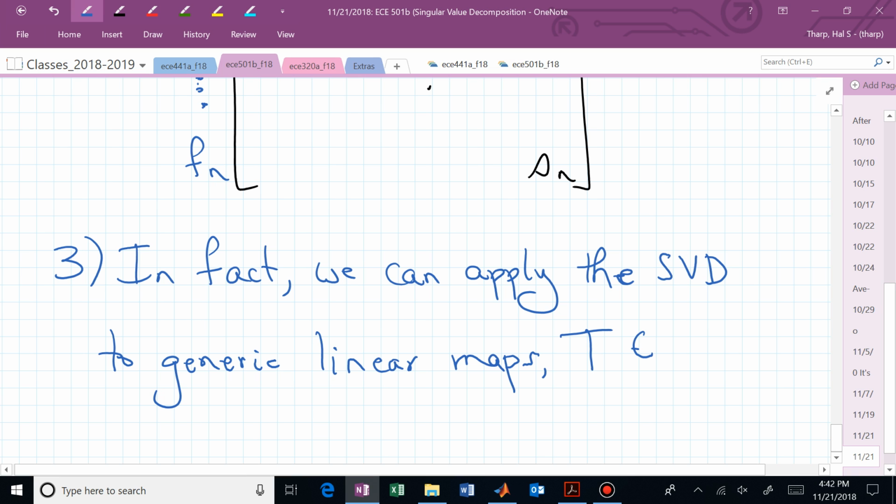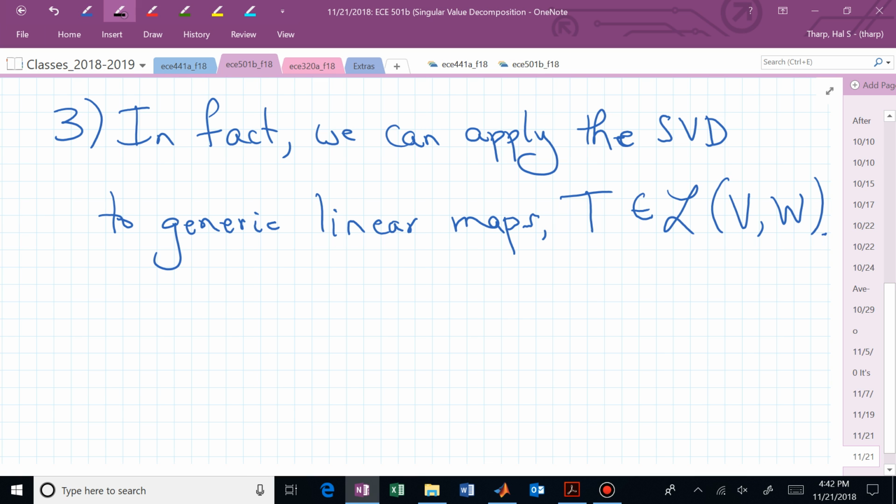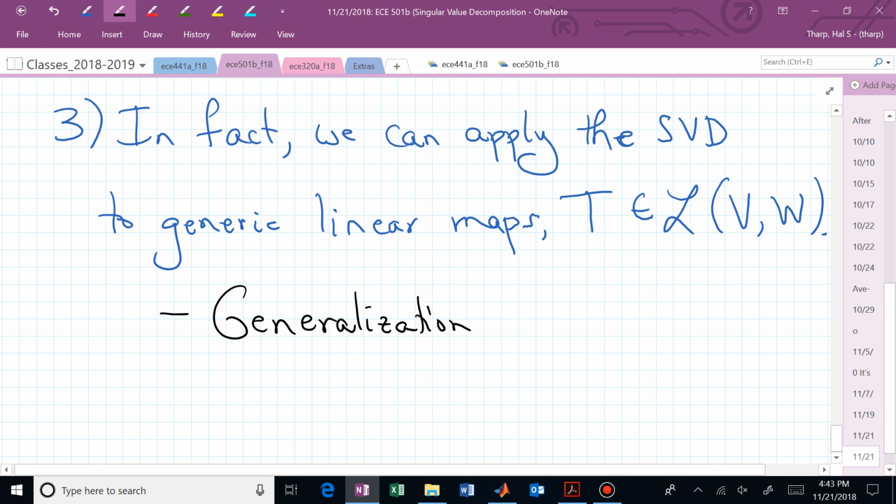where those linear maps now are between, let's say, vector spaces of unequal dimension. V might be n-dimensional, as in Nevada, and W might be m-dimensional, as in Michigan. So that now we have a way of generalizing our eigenanalysis, eigenvalue, eigenvector, to rectangular matrices using these singular value decompositions.